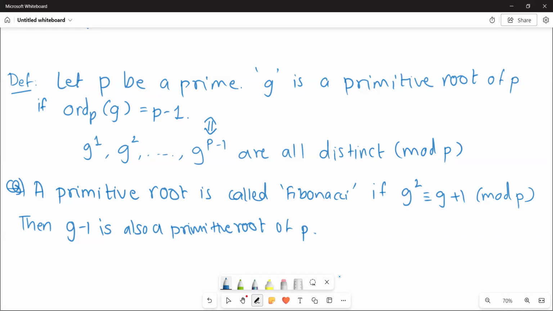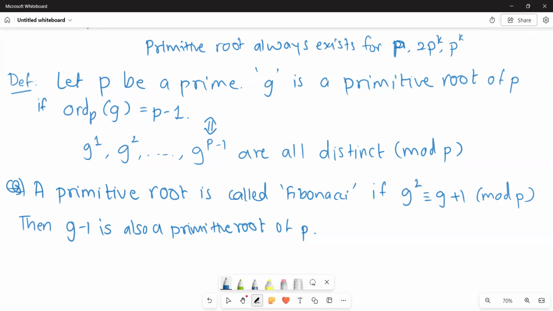Okay, primitive root always exists for P and I think 2 times P to the power K, where P is an odd prime, I think.